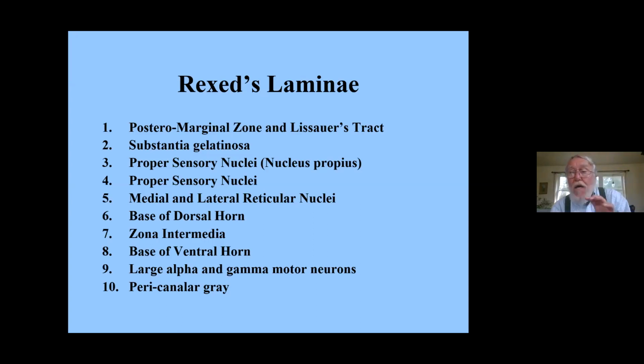What's going to be important about this is lamina 2 and lamina 5 will give off axons, and they will form the lateral spinothalamic tract.